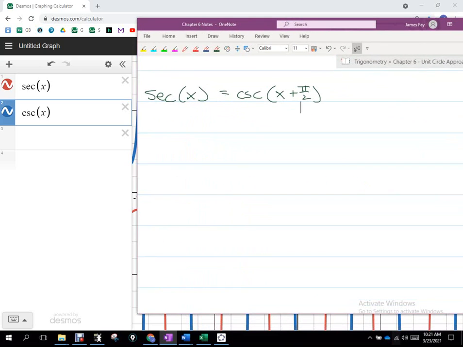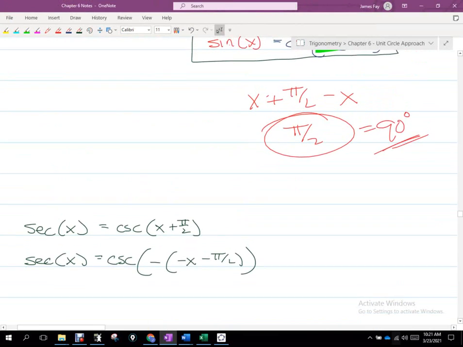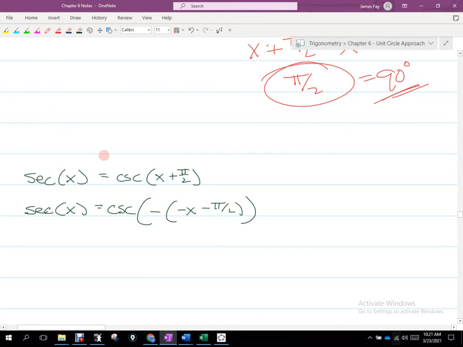When we do that, I don't particularly care for this relationship. If I go through this using the same kind of structure we just did, I take a negative out of here. Now the cosecant is going to have the same even-odd properties that the sine had, because the cosecant and sine are reciprocal.